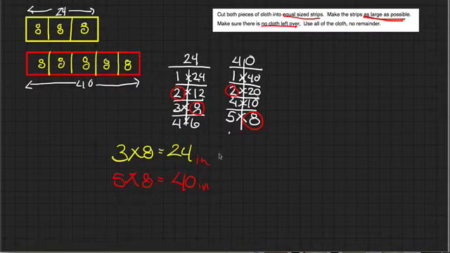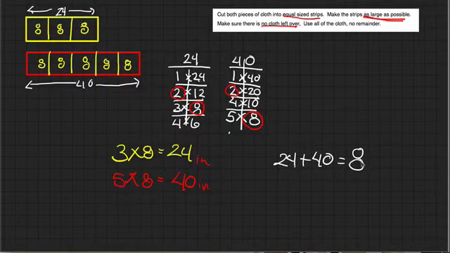And you'd be done. But taking it one step further, you could show what it would look like if it were factored, right? So let's just say if we had this number 24 inches plus this number 40 inches, we could say that's equal to 8 groups of 3 and 8 groups of 5, right?